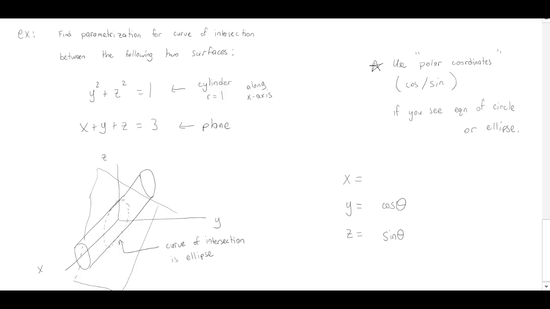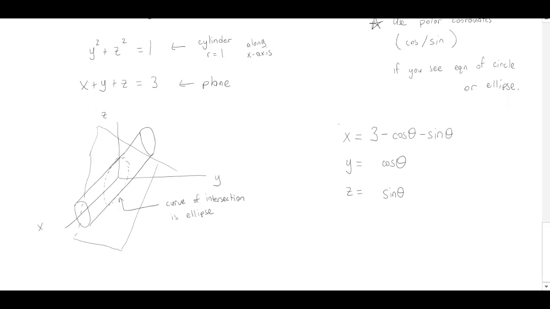When I do minus y minus z, I want to plug in these equations for y and z. So I'm trying to express everything in terms of theta. Theta is going to serve as my t in the parameterization. In other words, theta is my parameter, okay? So this would be a set of parametric equations for the ellipse, the curve of intersection.